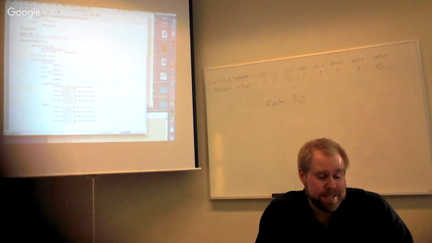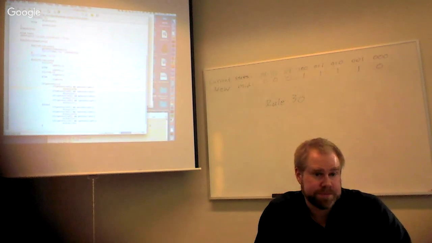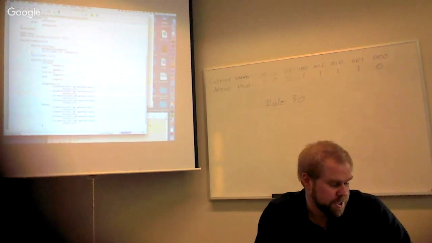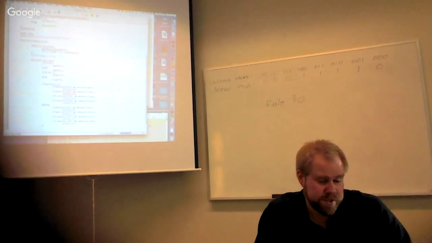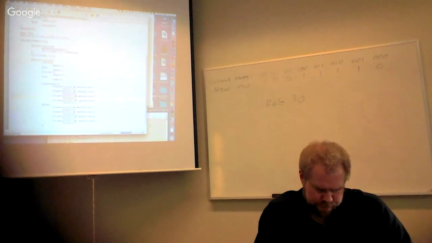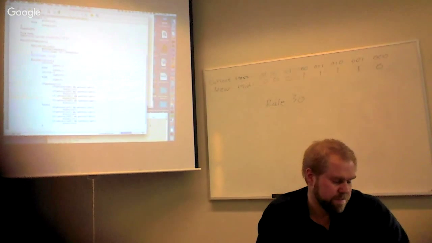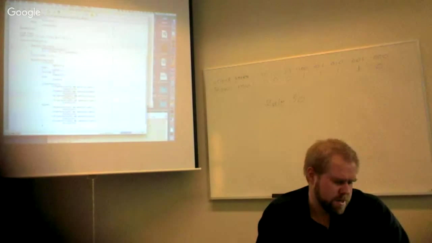This state is state 111. In rule 30, what does 111 become? 0. This is state 110, and what does 110 become? 0. This is state 011. What does 011 become? 1. So it's 0, 0, 0, 1, 1, 1, 1, 0.